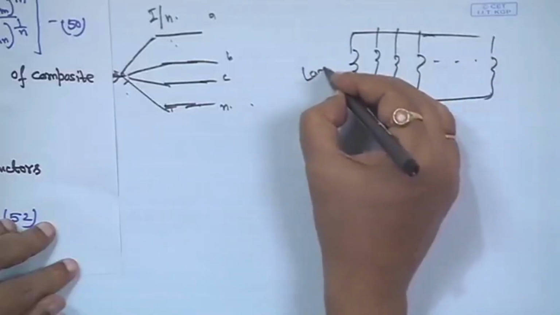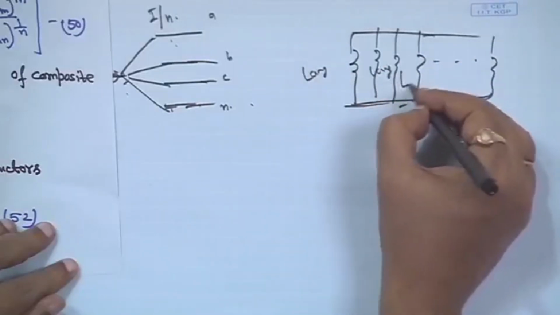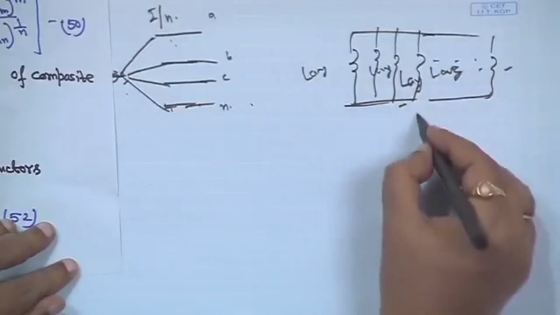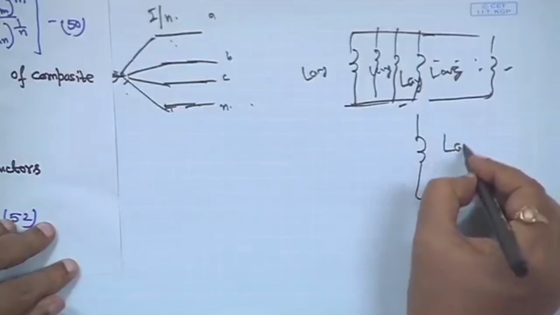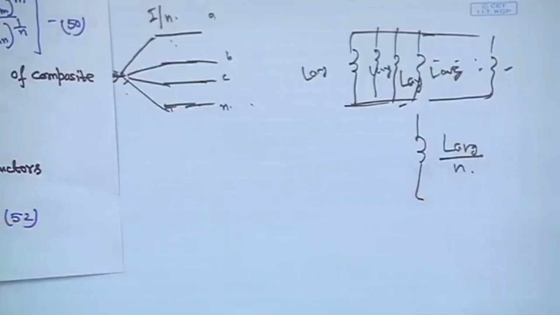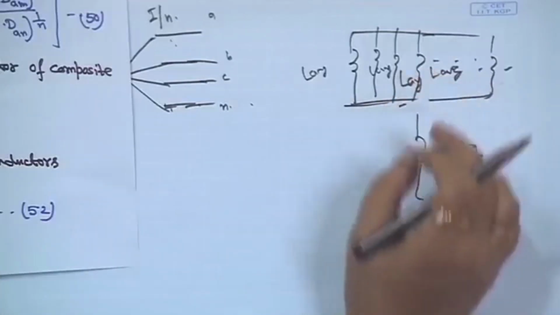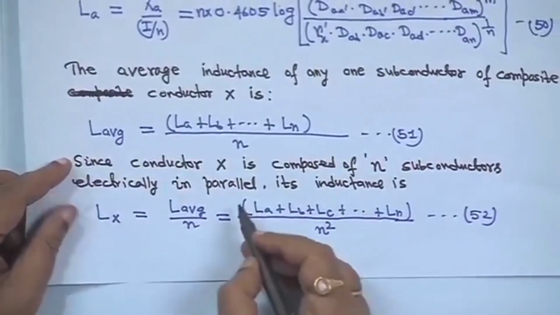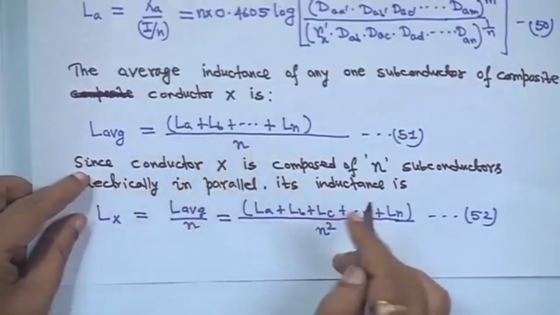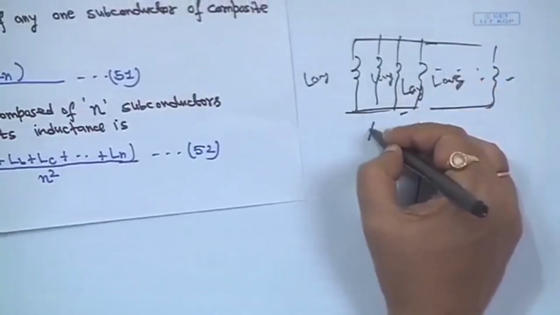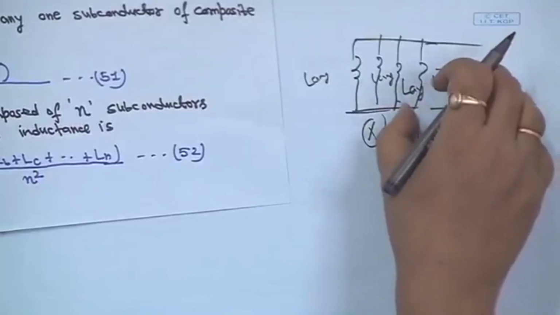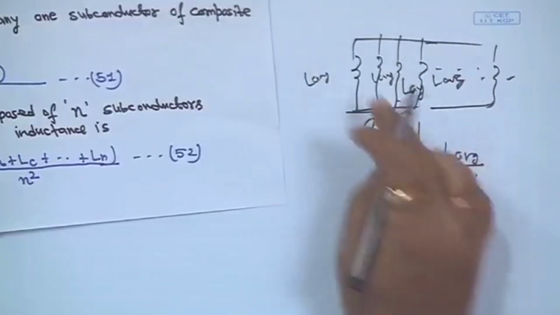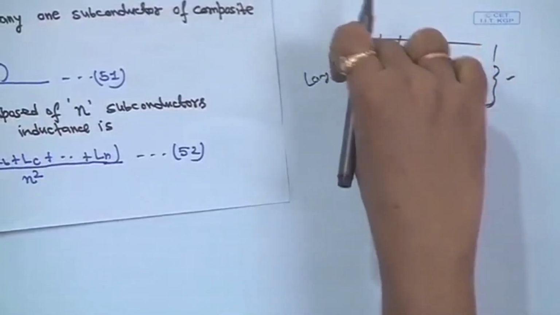All are L average, so their equivalent is L average by N. All are electrically parallel, so the total for the composite conductor group X is L average divided by N, because every subconductor has average inductance L average.